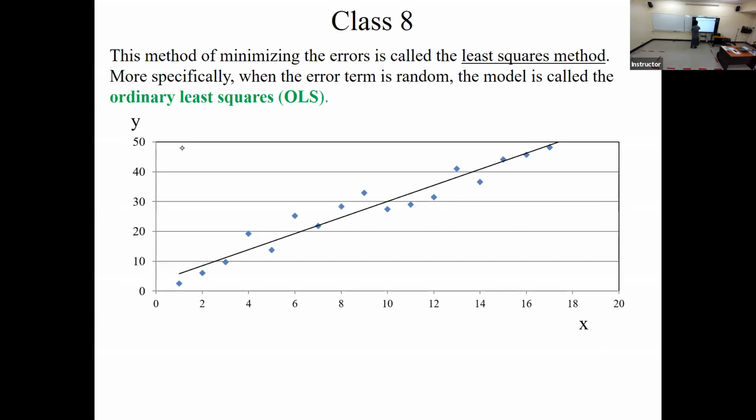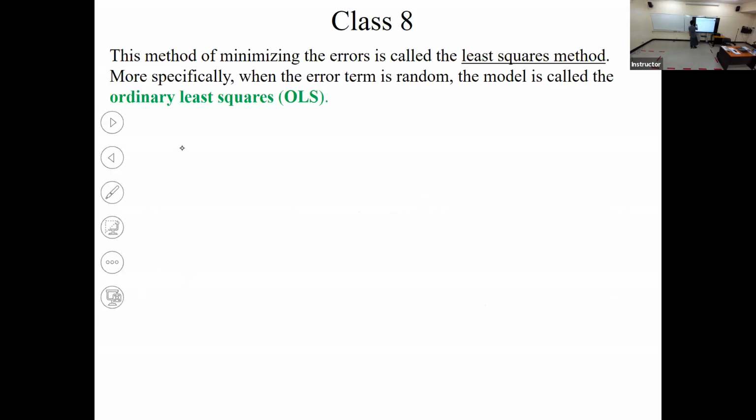Usually we don't spell it out. We call it OLS. So when you say linear regression, usually people are talking about OLS, most of the time. Linear regression, multiple linear regression, or simple linear regression, either way it's the same meaning. OLS, linear regression, least square regression.